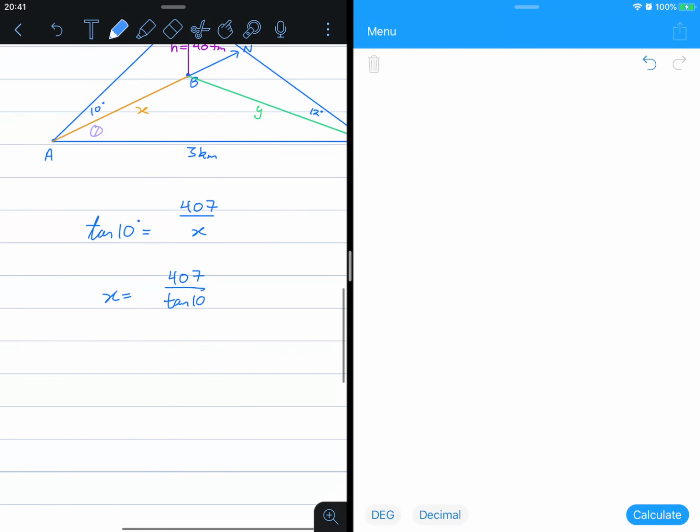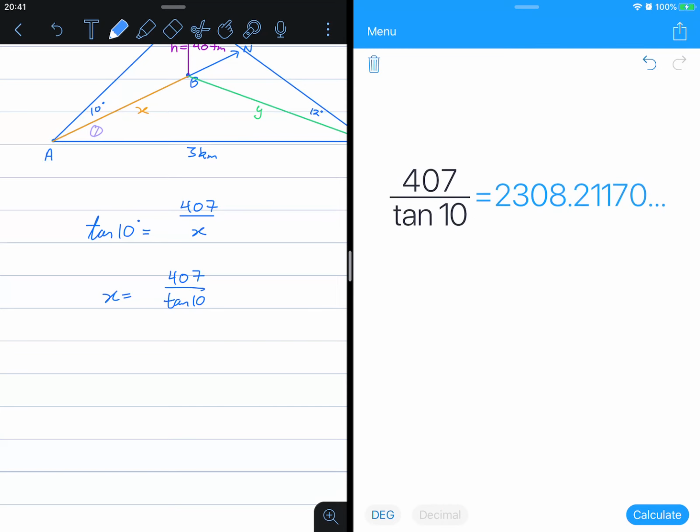Writing this in, 407 divided by tan of 10 degrees, that is 2,308 meters, which is approximately 2.31 kilometers.